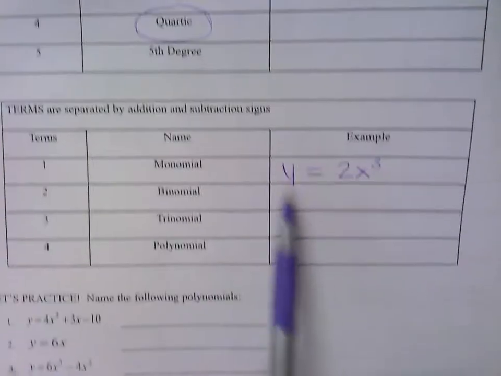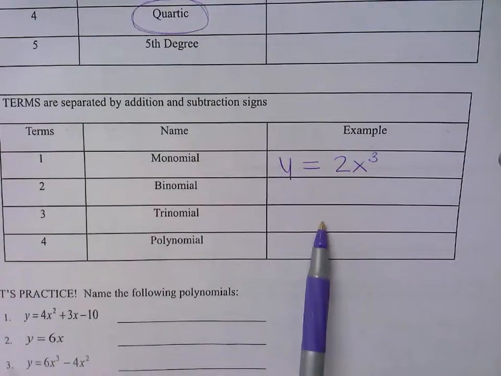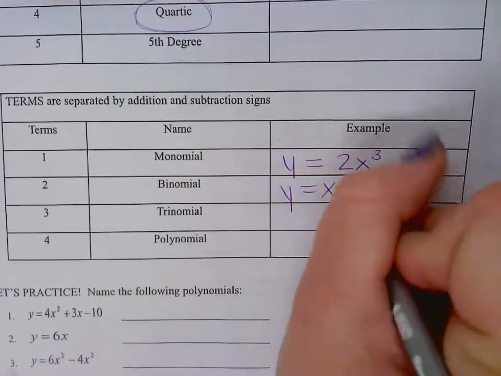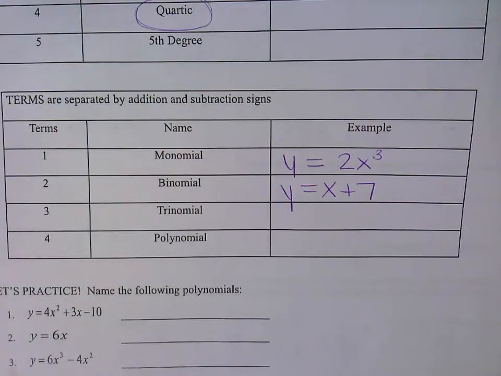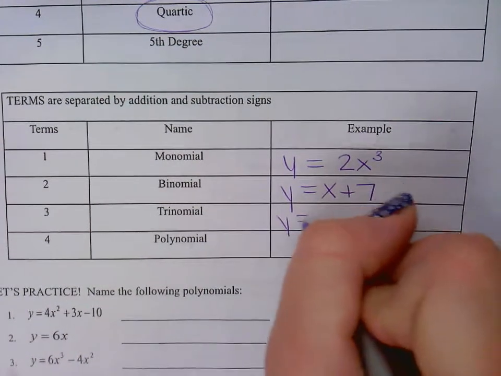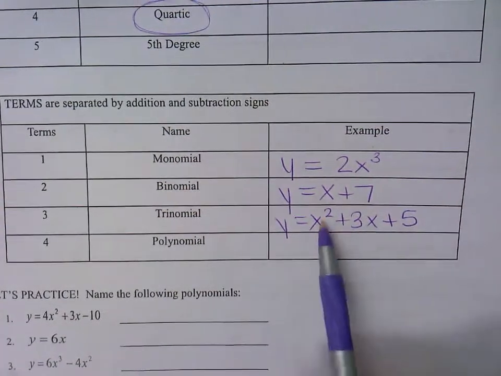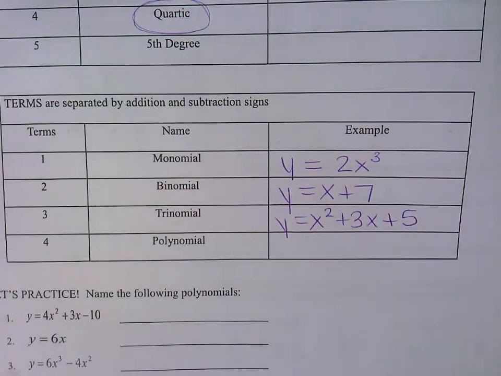I'll just finish this part first and jump back up to the top. A binomial, that's 2 terms, right? Like x plus 7. We've been multiplying a lot of binomials in quadratics. So it just means 2 terms that are separate from each other. A trinomial could be like x squared plus 3x plus 5, right? It has 3 separate terms in the function.